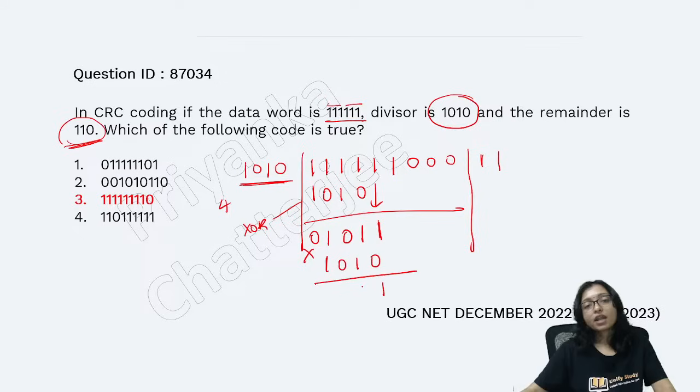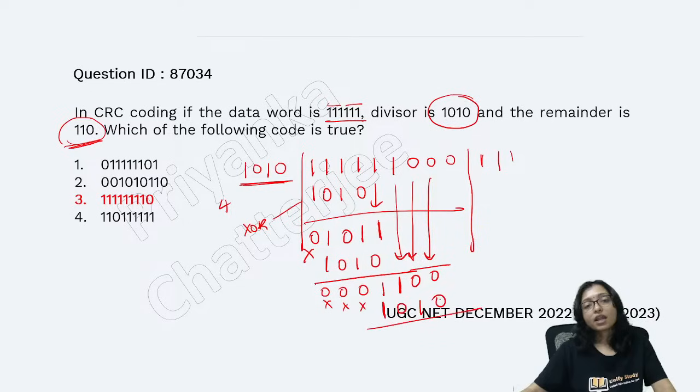So here 1 XOR 0 is 1, 0 XOR 0 is 0, all discarded. Now again you have to take this 1 and this 0 also. Then take here again 1, 0, 1, 0.